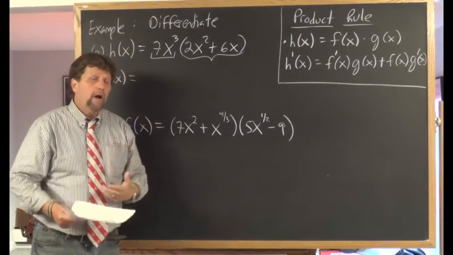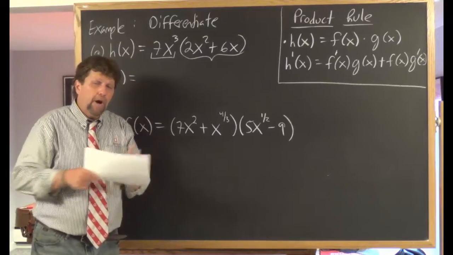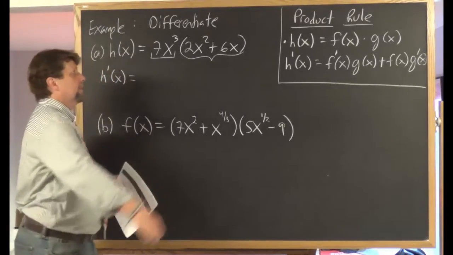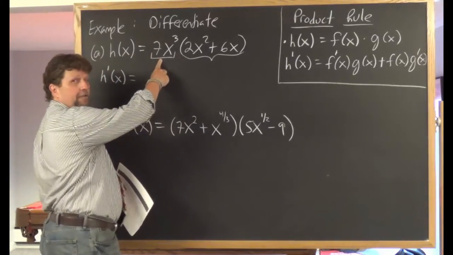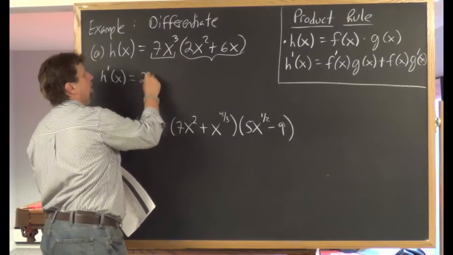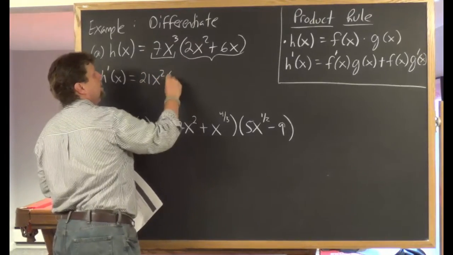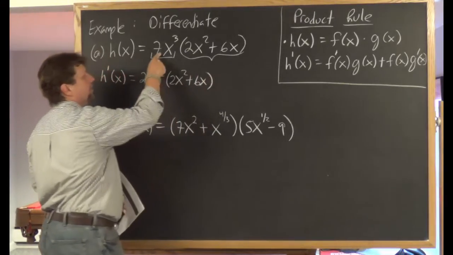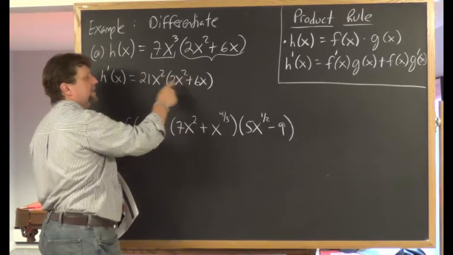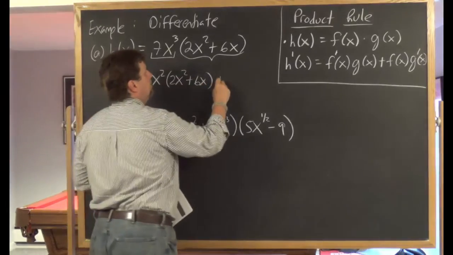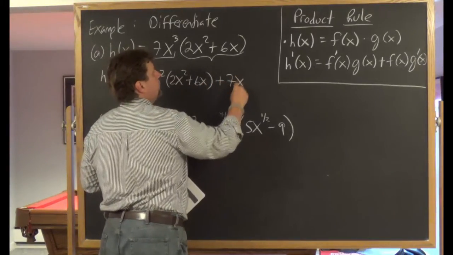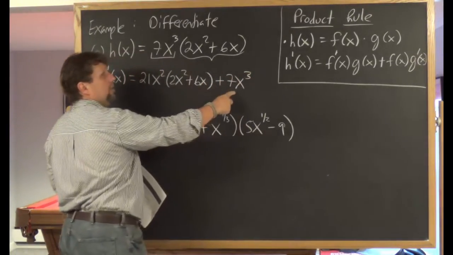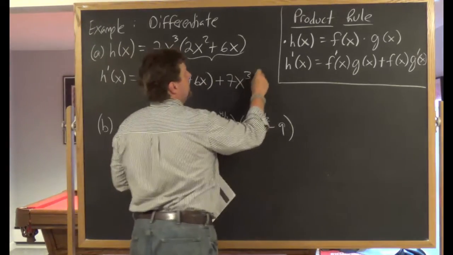So according to the product rule, when we differentiate a product of two functions, derivative of the first function, so that's 21x squared, times the second function, plus the first function, 7x cubed, times the derivative of the second function.